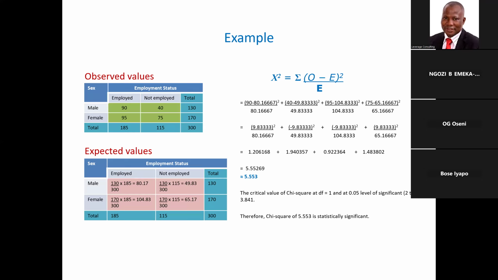How do we get the hypothesized value, which is the expected value? If we go to the next table, you see what we do. You have to calculate for each of the cells, and that's what I've calculated there. The logic behind it is that we have 130 male out of 300 people.